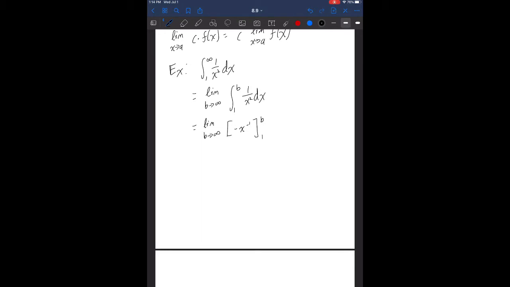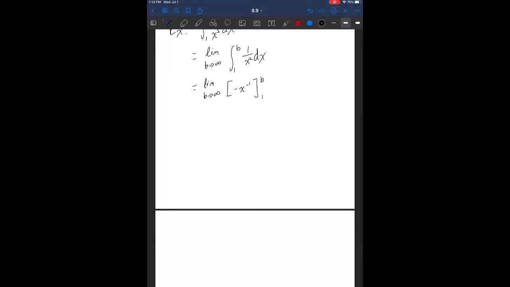Right, and now we're at a point where rather than plugging in infinity or negative infinity, we have this b variable here we can plug in instead. So this is the limit still as b goes to infinity of, now what happens when we plug in b, we get a negative 1 over b, and then we have minus a 1 to the negative 1, which is 1, so this is a positive 1.